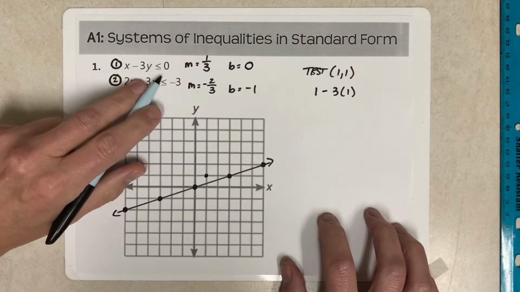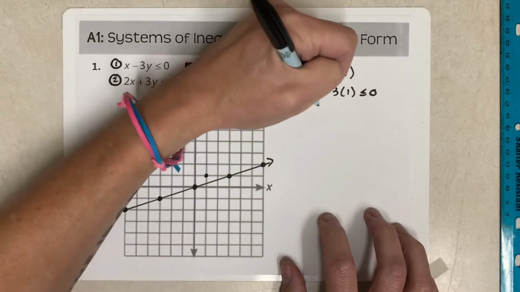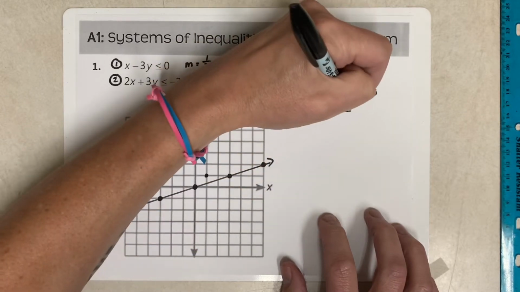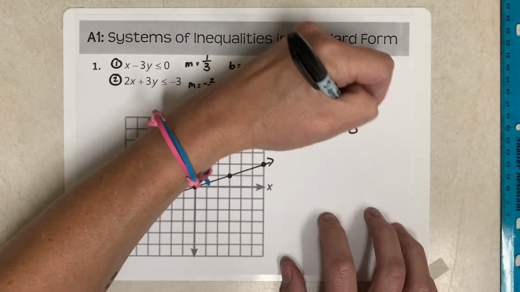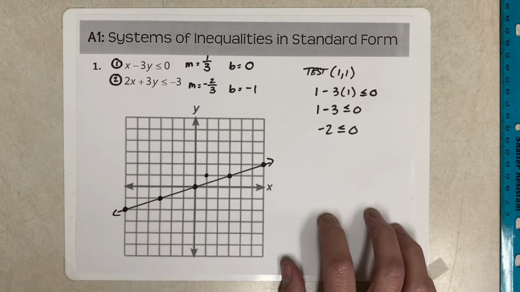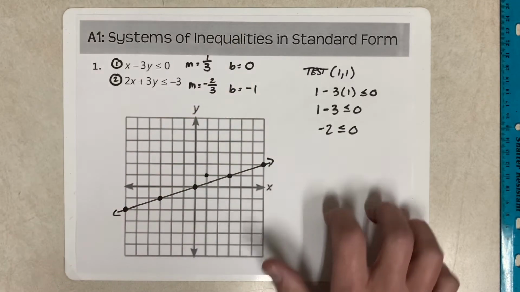Is that less than or equal to 0? Is 1 minus 3, because 3 times 1 is 3, less than or equal to 0? Is -2 less than or equal to 0? Well, that's true. So we're going to shade above this boundary line right there.